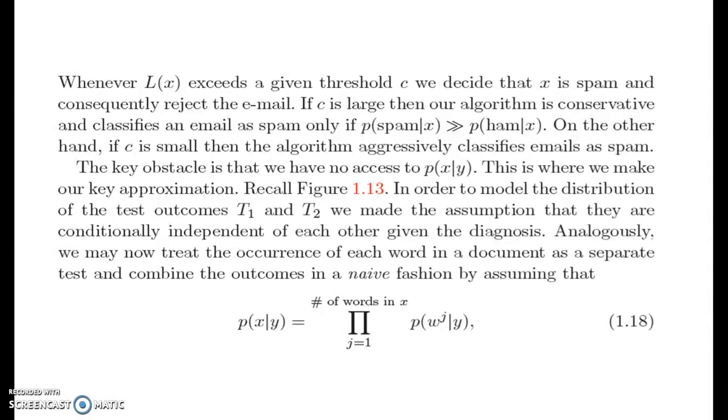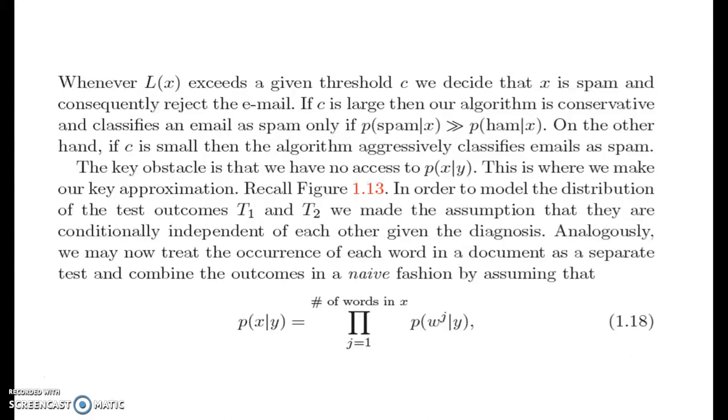So the key obstacle is that we have no access to P of x given y. This is where we make our key approximation. If we recall 1.3, in order to model the distribution of the test outcomes T1 and T2, we made the assumption that they are conditionally independent of each other given the diagnosis.